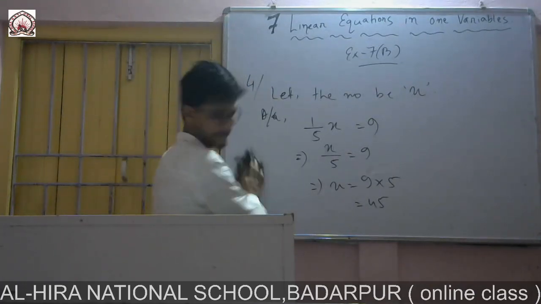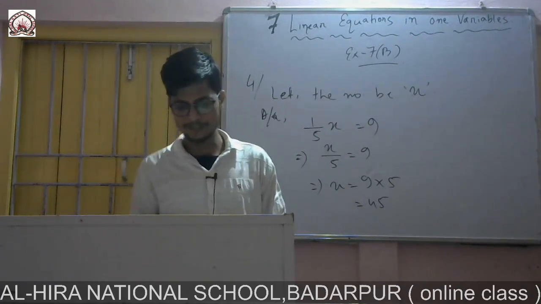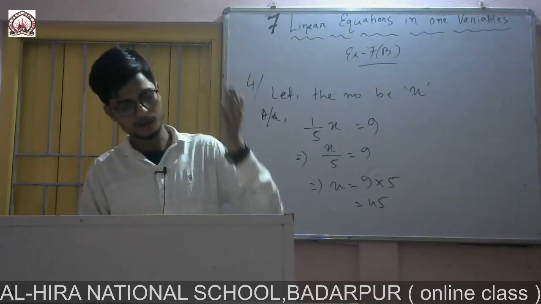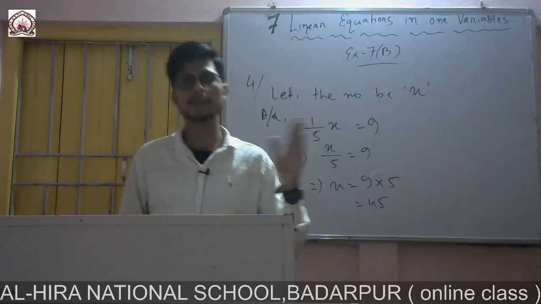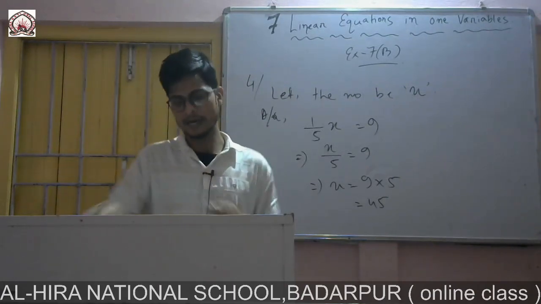Now question number 5, you see, how old is Ramesh? If 10 years ago he was 25 years old, that means I have to subtract 10. So I will let the present age.